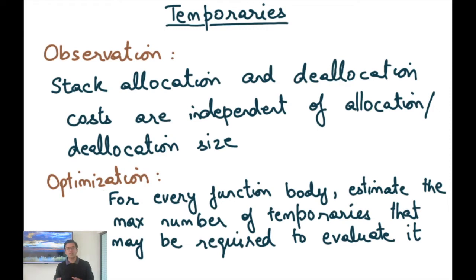This is just like an activation record: some part of the activation record is allocated on function entry, and that part is also deallocated, including the part that is allocated by the caller, at function exit. And so if we just put the temporaries as part of the activation record, this allocation and deallocation can piggyback on the allocation and deallocation of the activation record.